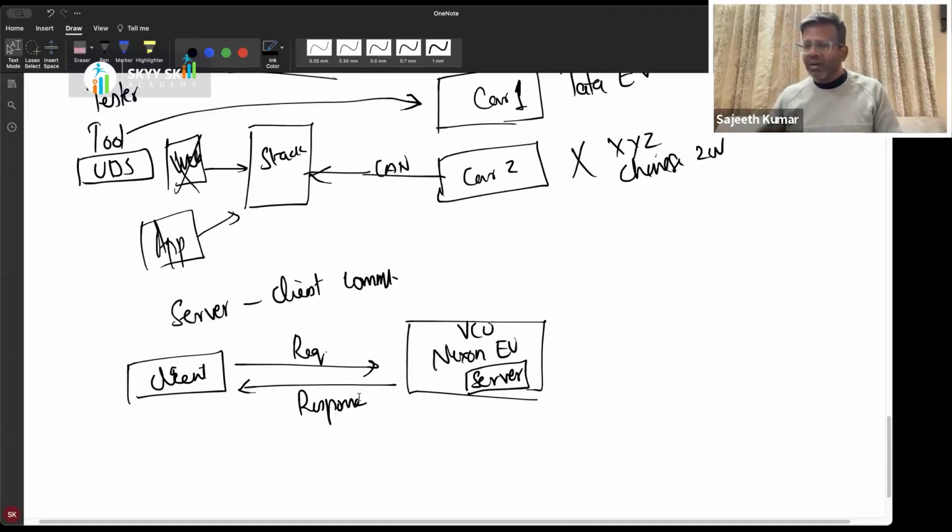So the vehicle control unit is not going to communicate with the client or the tool, right? When I say client, this is basically the tool. It's not going to be communicating with the tool at all points of time. It will only communicate when the tool sends a request, and it will send a response back, right? So it's like a WhatsApp group. Someone has to say, hey, help me out with this particular thing.